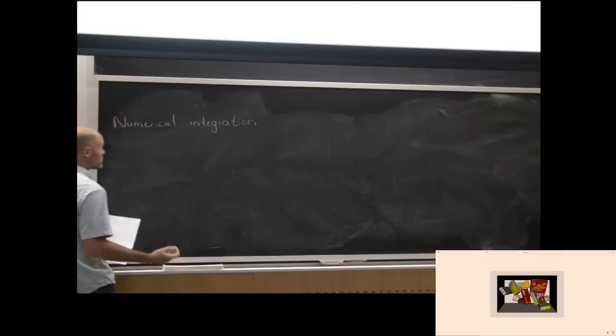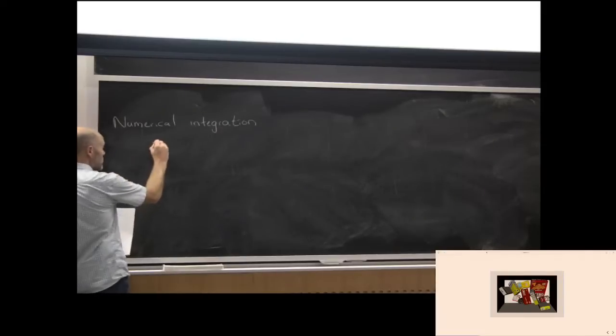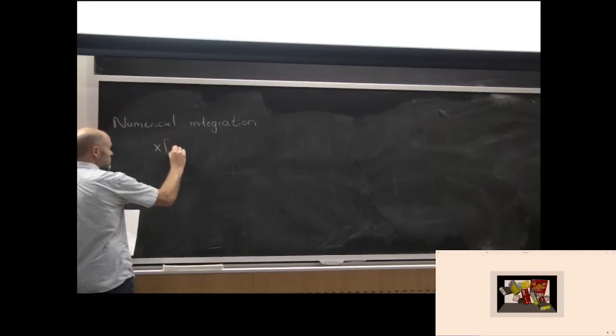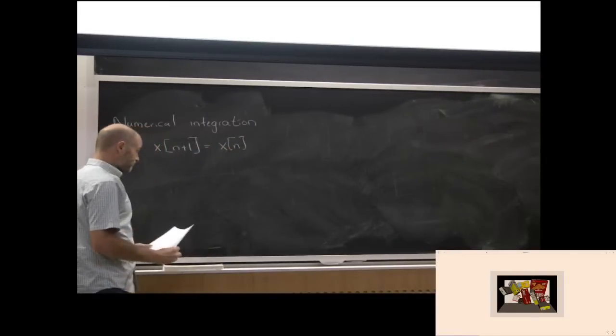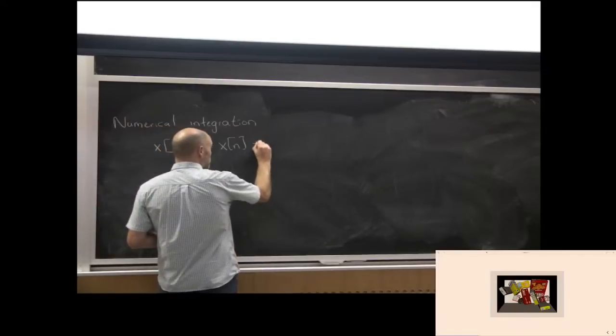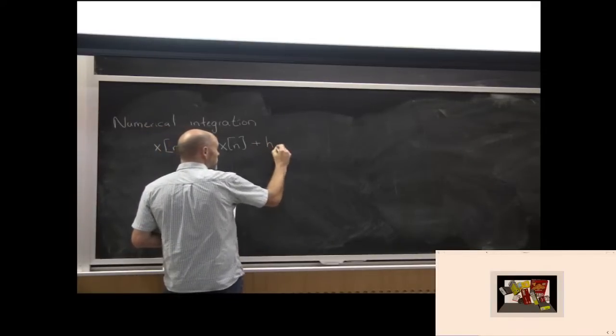So the simplest form of that would be to make a discrete time approximation, to say I'm going to advance this simulator by taking my current state, and I'm going to increment it by, I'll call it, h.